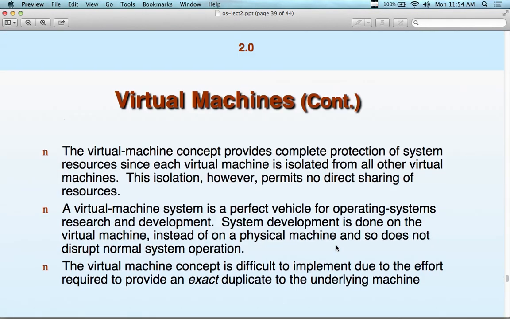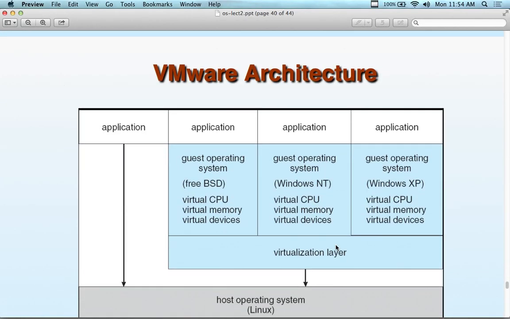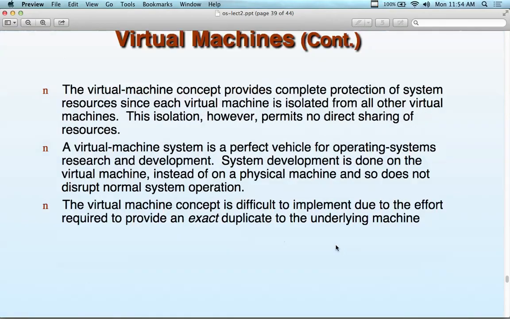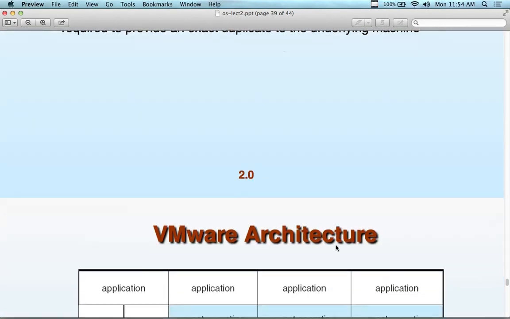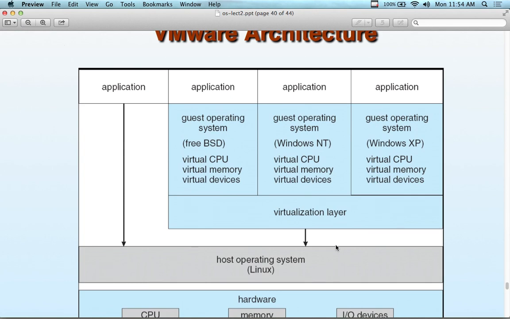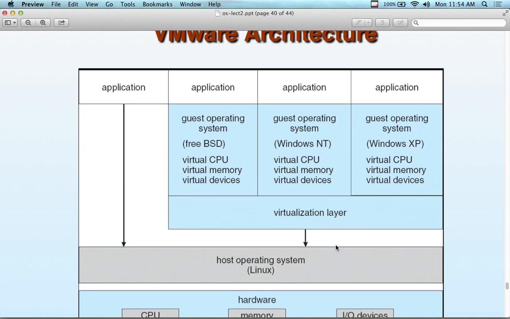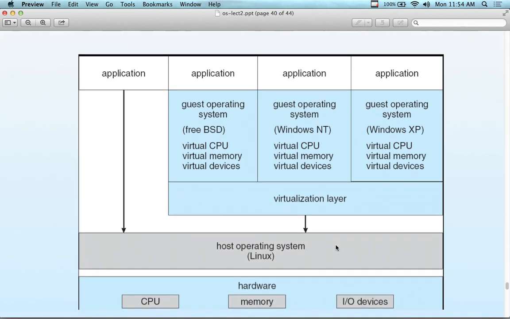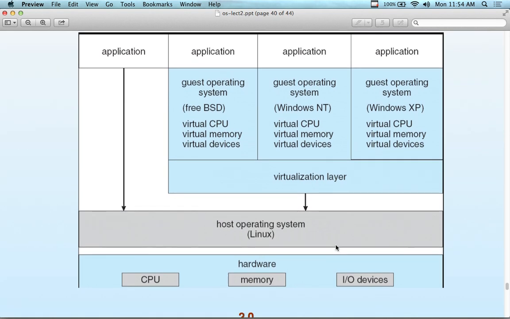All right, here's VMware as an architecture. I'm not going to go through the different concepts. Some people are actually familiar with virtual machines from a certain point. If you're not, you can download the slide sets, lecture 2, and read through it a little bit slower. But here's an example of the original version of VMware. It's changed throughout the years, but it sort of looks like this, where we have the CPU, the memory, the hardware devices, then we have the host operating system, and then this is the VMware part, everything above it.